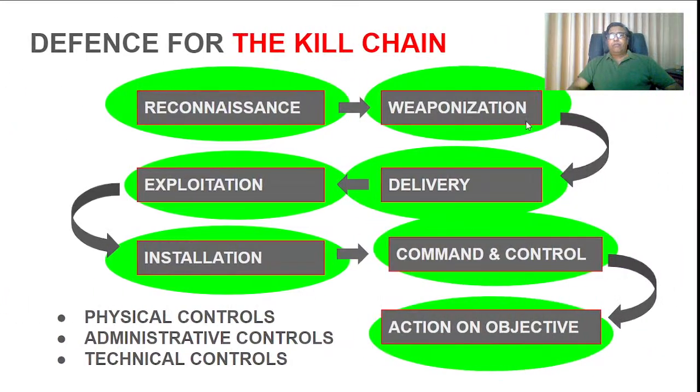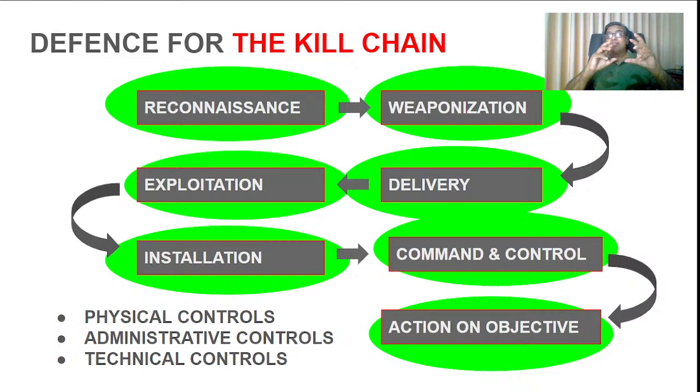Okay, so all in all, in abstract, how do you defend the kill chain? Because the kill chain goes through different stages: reconnaissance, weaponization, delivery, exploitation, installation, command and control, action and objective.